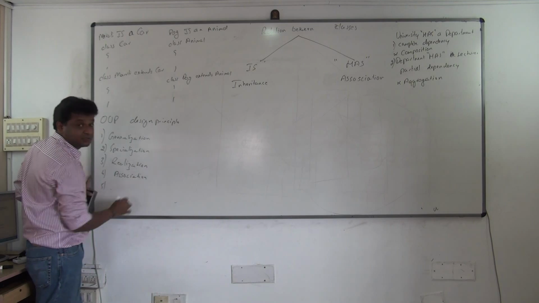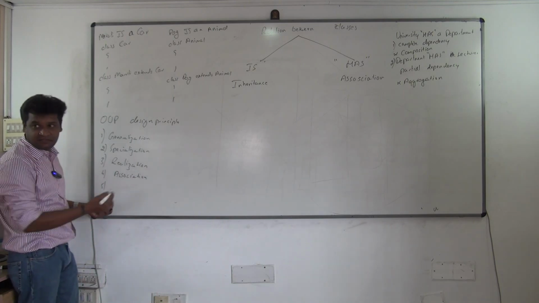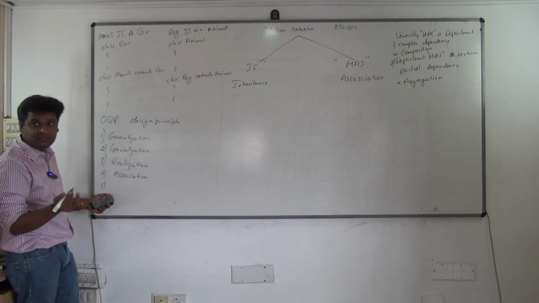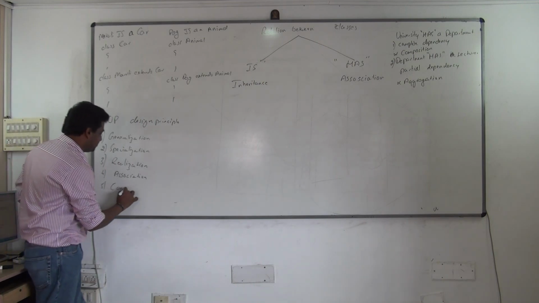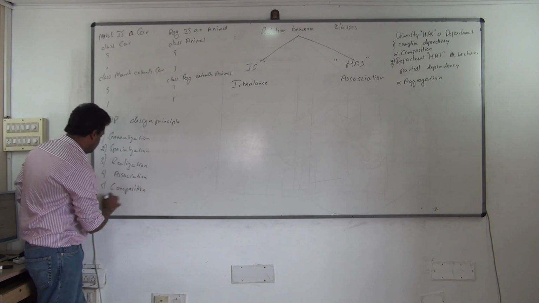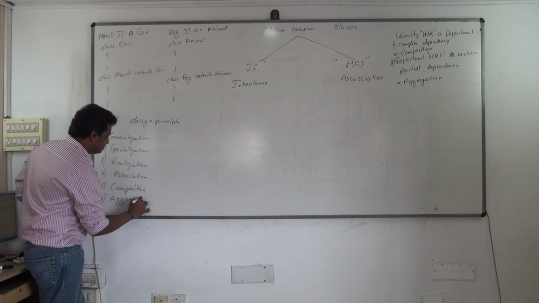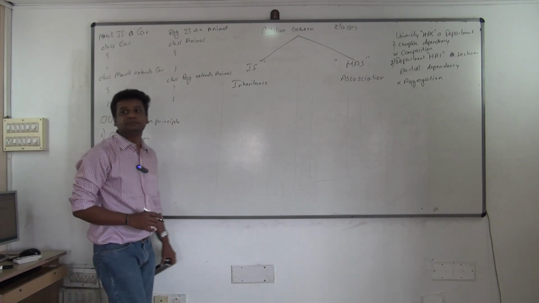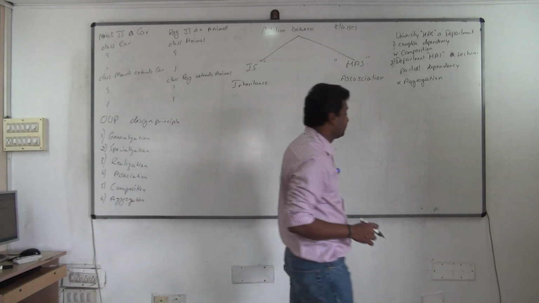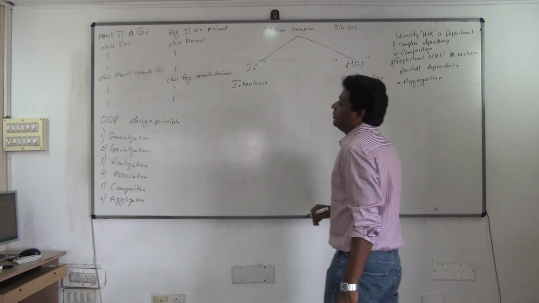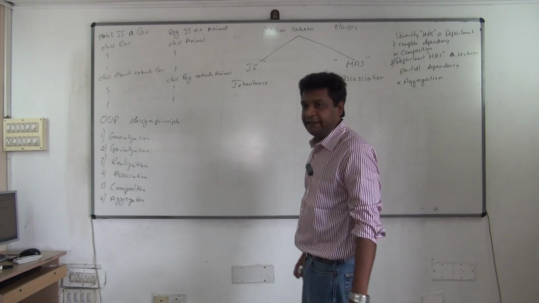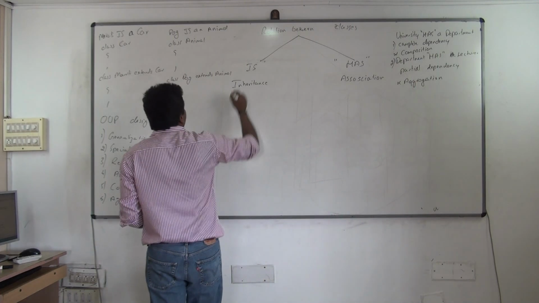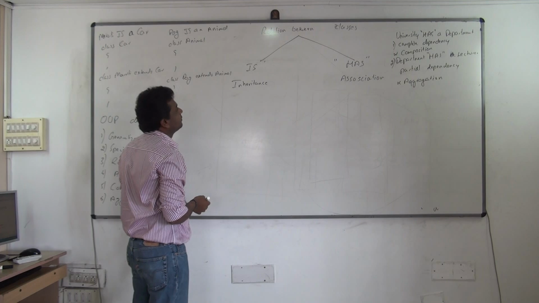Have you heard of these words? You heard, no? See, this is what OOPS is telling. How does Java give support to this? We'll start seeing. Are you following now? Generalization, specialization, realization, association, composition, aggregation. Now see how Java beautifully goes on giving support to all this.